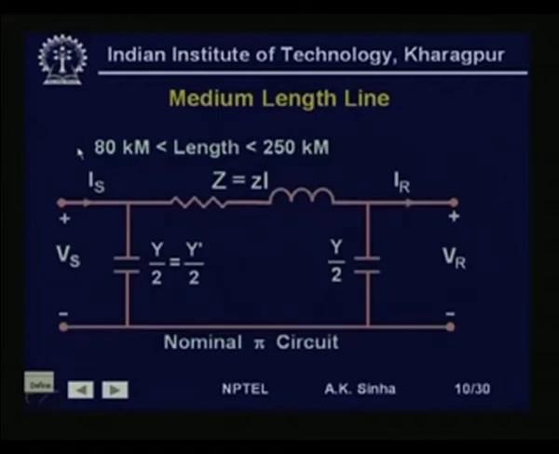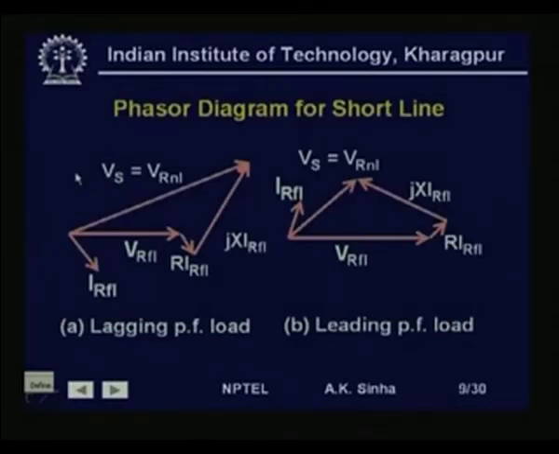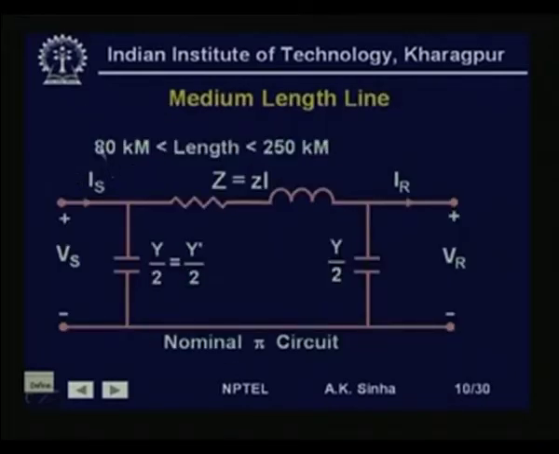Similarly, we can write down the relationship for the sending end current. Now, sending end current Is is going to be equal to this IR plus the current here, that is Vr into Y by 2, plus the current here, which is Vs into Y by 2.